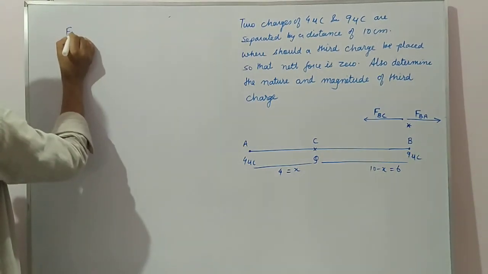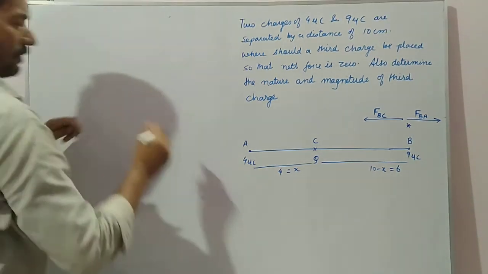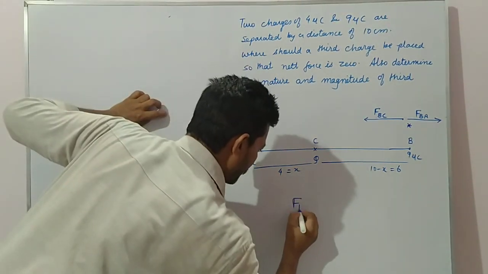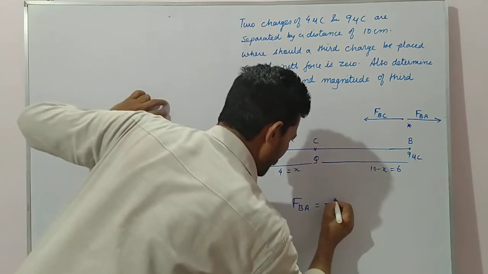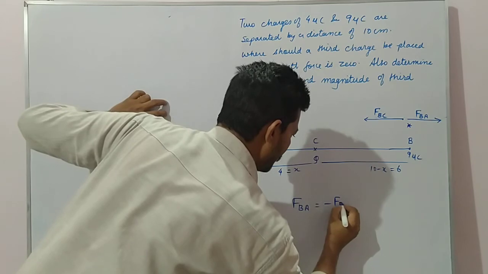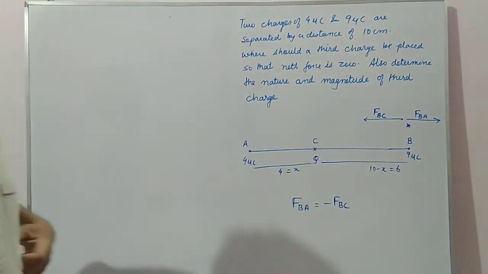The repulsive force acting on B due to A is equal and opposite to the attractive force acting on B due to C. Attractive force, that is why we have taken the minus sign.